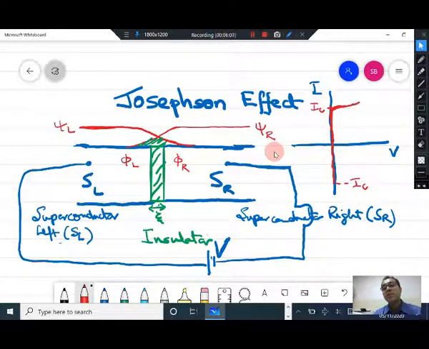So this voltage will develop across the junction, and you will have this form of the IV curve, because at this voltage you start actually exciting the pairs, and actually dissociate the pairs, so you will get a finite voltage appearing across the junction and a finite current at that voltage. So that is a normal current which starts flowing through the junction, and so you get dissipation and voltage appears and so on.